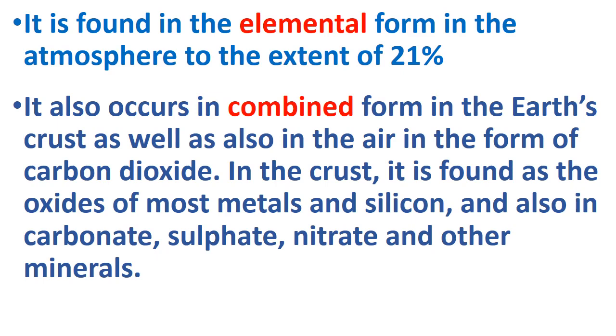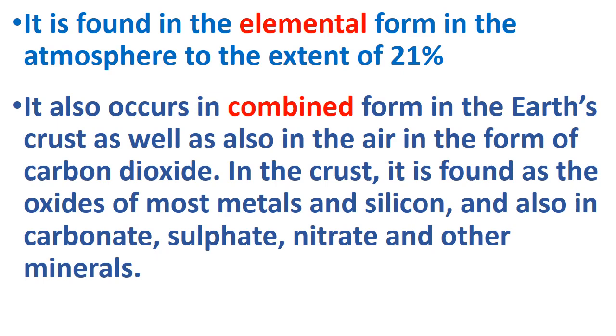Second point is it also occurs in the combined form in the earth's crust as well as in the air. In combined form it is existing where? In air and in earth's crust. Now in air, which form? That is carbon dioxide.